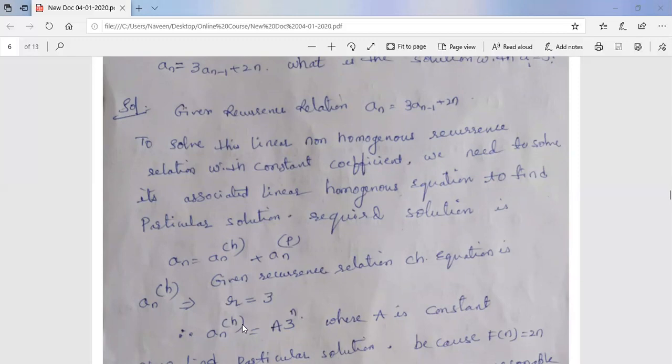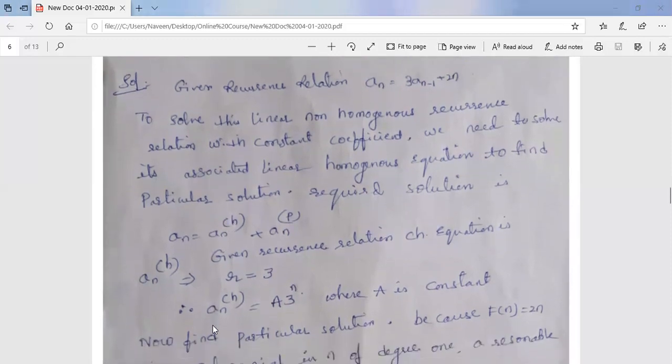Therefore the homogeneous solution is a_n^h = A times 3^n, where A is a constant. So this term we have calculated now.